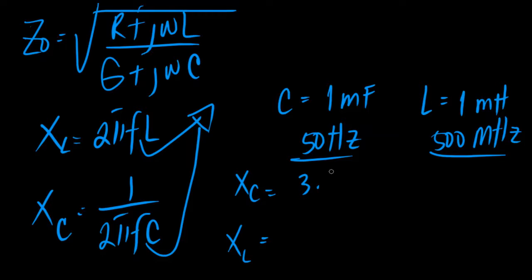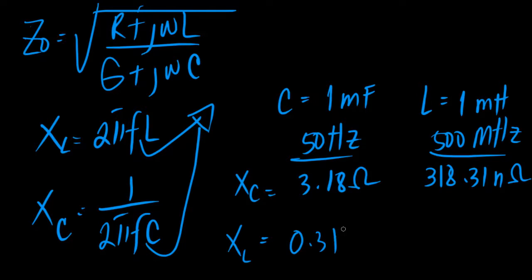For 50 Hz, the capacitive reactance is 3.18 ohms. Meanwhile, for 500 megahertz, it's 318.31 nano ohms. As for your inductive reactance, it's 0.314 ohms, and it's 3.14 mega ohms if your frequency is 500 megahertz.